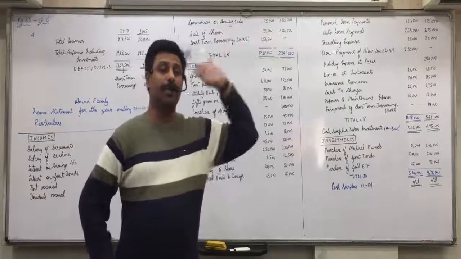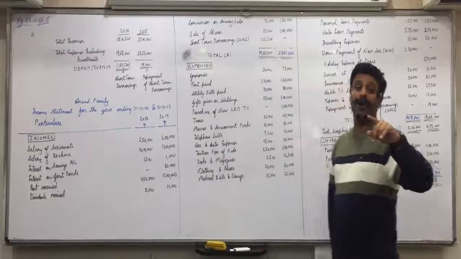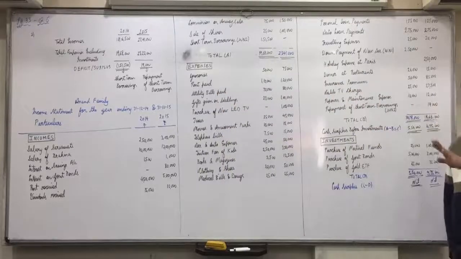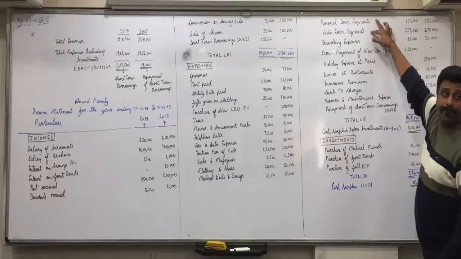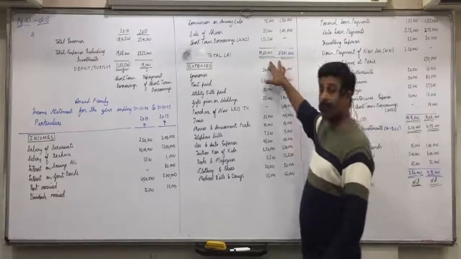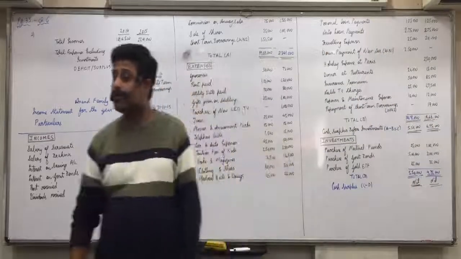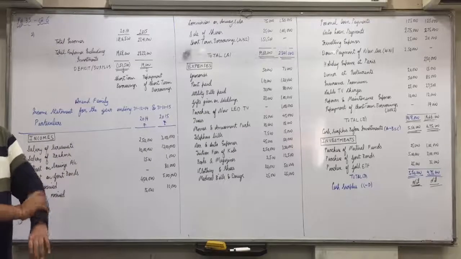Only the fourth ratio you will be able to find. What is that? Monthly debt service ratio: monthly loan payment upon gross monthly income. The monthly loan payments you will take divided by 12, and gross monthly income divided by 12. Did everyone understand this? So you will do that as homework.